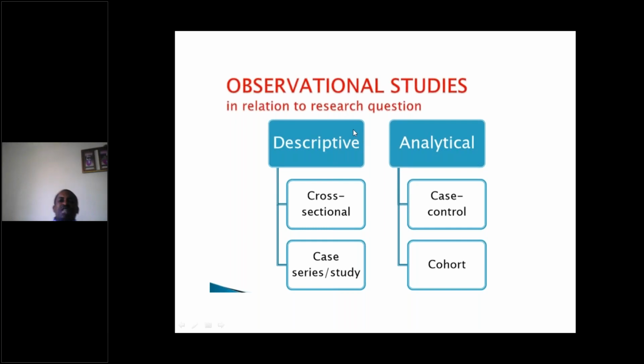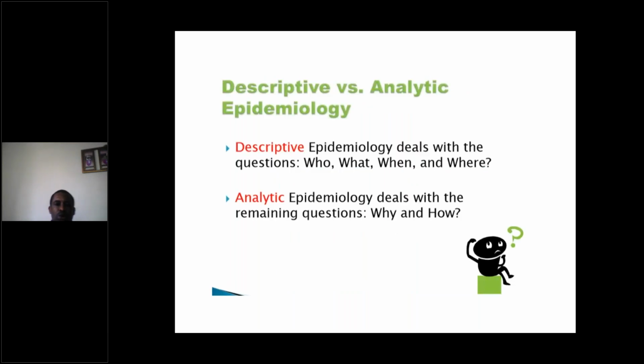In observational studies in epidemiology, there are two things: the descriptive and the analytical. In descriptive, you look at cross-sectional, the cross-section of people, then case series, studying case by case. In analytical, you look at case control, then cohort.